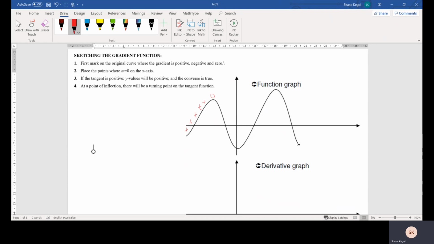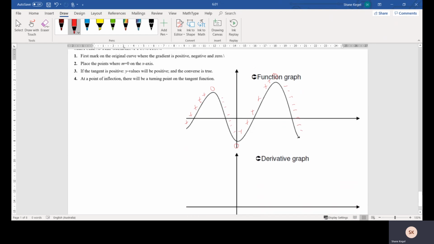It's positive leading up to a turning point, then becomes negative leading down to another turning point at the bottom, positive again, working our way up the other side of the graph, 0 at the top, and lastly negative. So we've completed question 1. We marked on what our gradient's doing as we move across the graph.